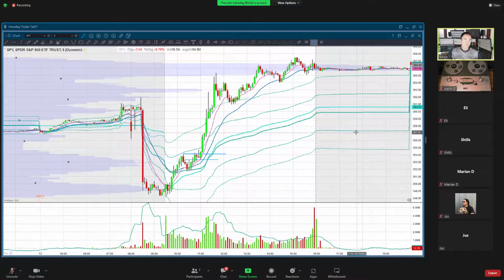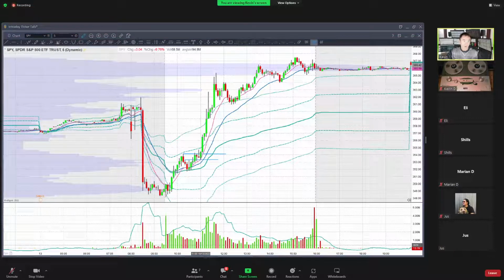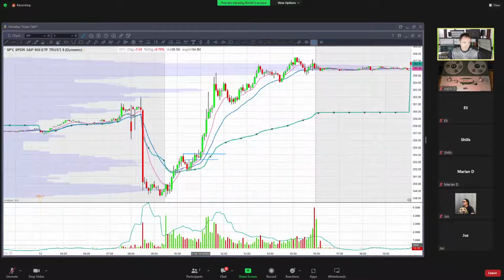So my main VWAP is this teal colored line right here. In fact, why don't I turn off some of the other stuff? That one. Okay. Let's turn those off. There we go.